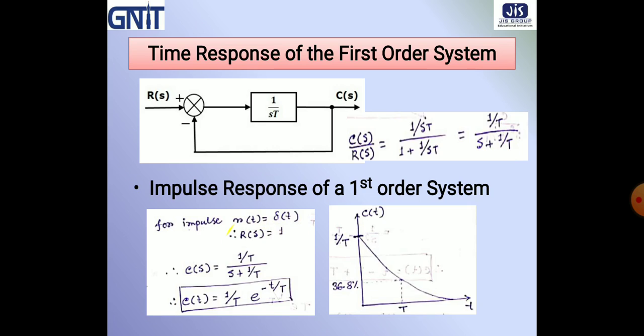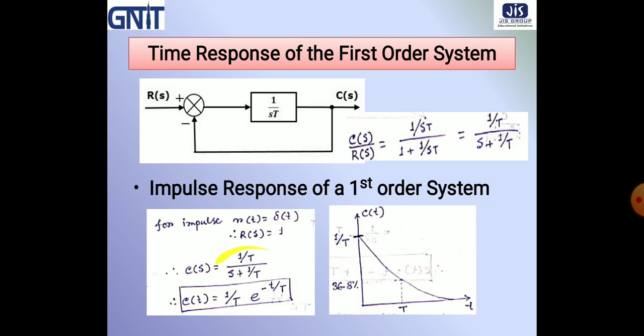That means we have to apply the Laplace transform here. So R(s) is 1. If we apply R(s) = 1 in this equation, then we get C(s) = (1/T)/(s + 1/T). Now if we apply the inverse Laplace transform here, then we can get the time response, that is c(t).